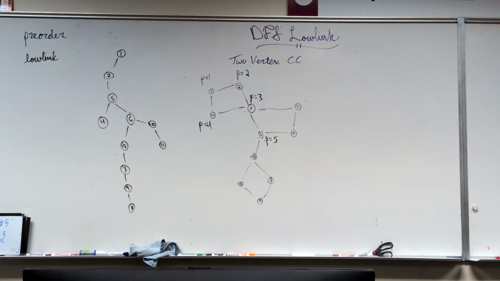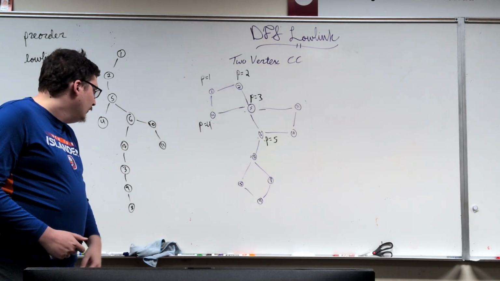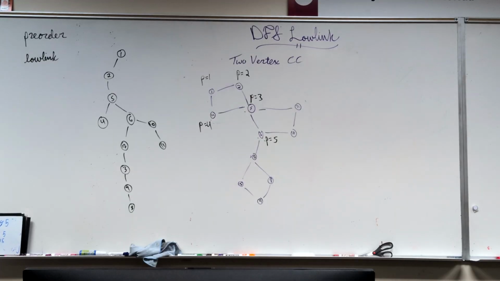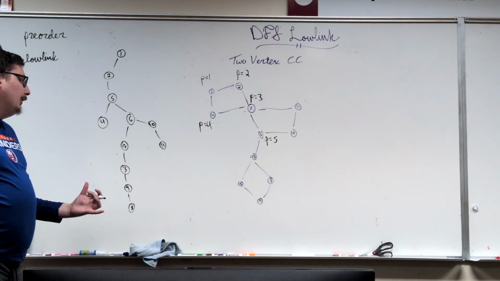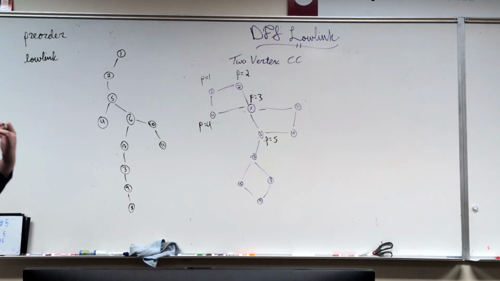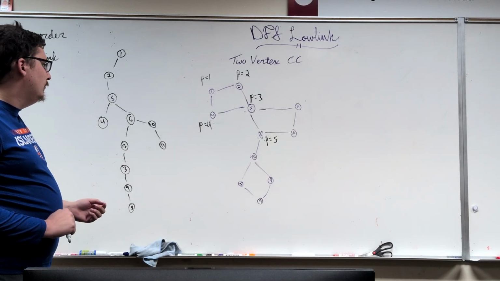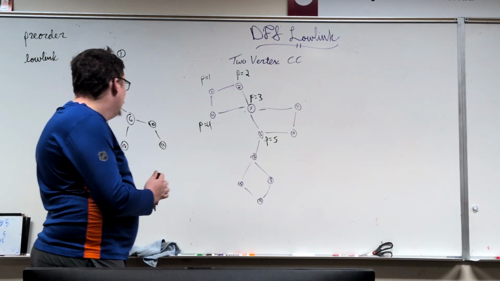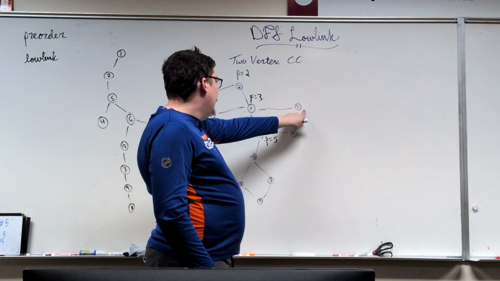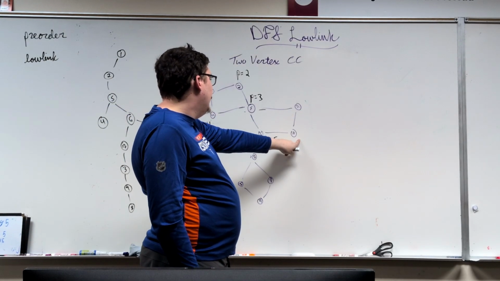Our Lowlink is going to help us describe this concept of escaping. Essentially, a node's Lowlink value will be the lowest pre-order any node in our subtree can reach. Like if we looked at 10, for instance, 10 could DFS to 11. 11 is in the subtree of 10.